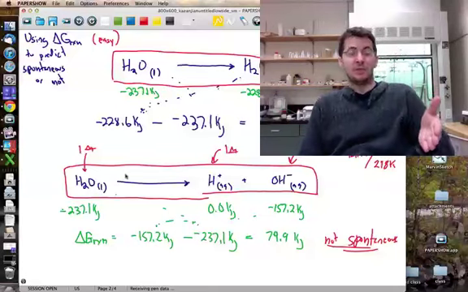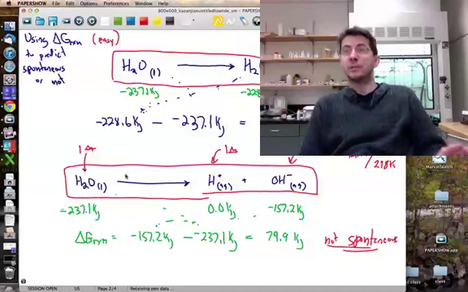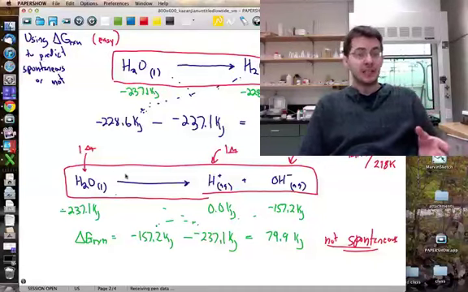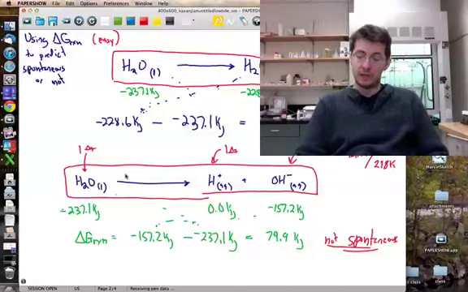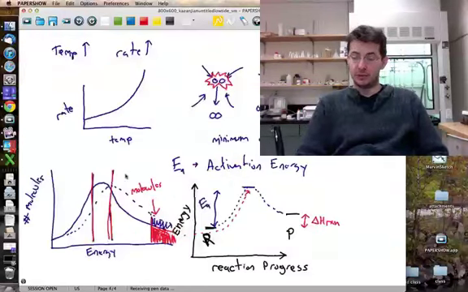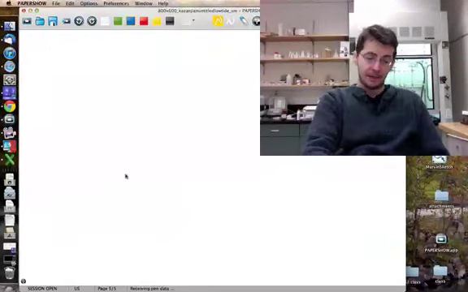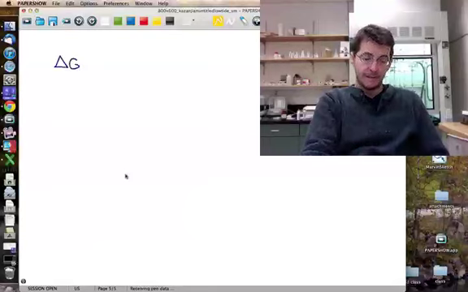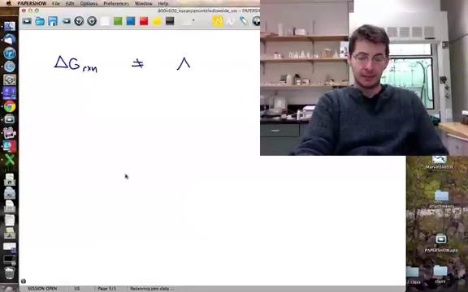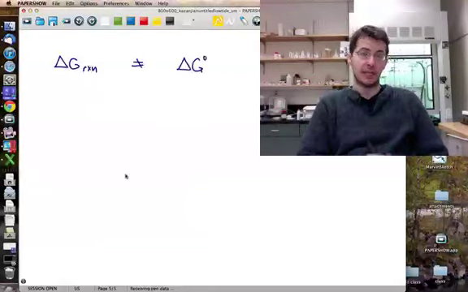Now, as we showed with the water self-dissociation reaction, delta G of reaction is not necessarily the same as the delta G naught that we calculate under standard conditions, since a reaction may take place to a more limited extent.